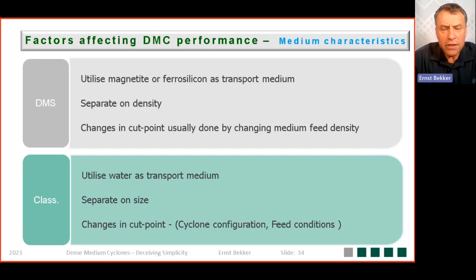Let's rethink the definition for classification: it needs water and solids, and the medium is a mixture of water and solids. So when we make changes to the cyclone configuration, we inadvertently also impose a change on the cut size of the medium inside the dense medium cyclone. That's why on dense medium cyclones, we don't normally change the cone angles or spigots unnecessarily.